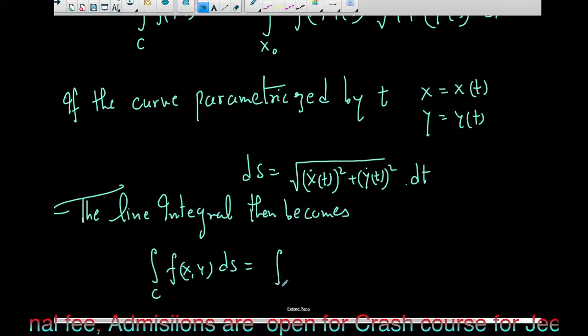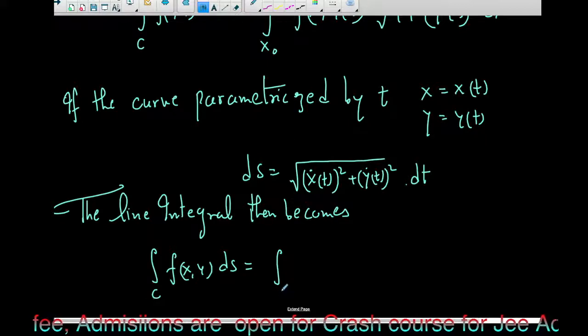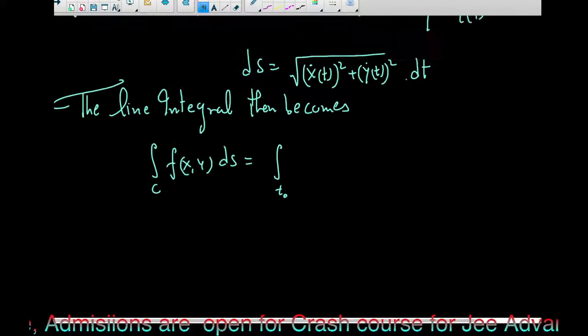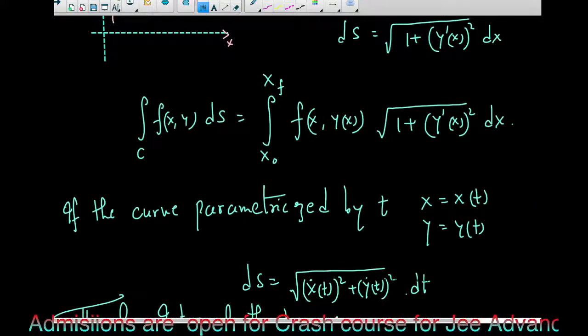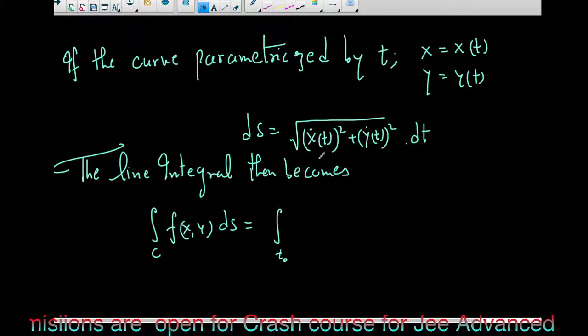Just substitute these values, right? So for x naught, the initial parameter is t naught, and for the final x, it is tf, because now we have to consider the parameter in terms of the real parameter t.